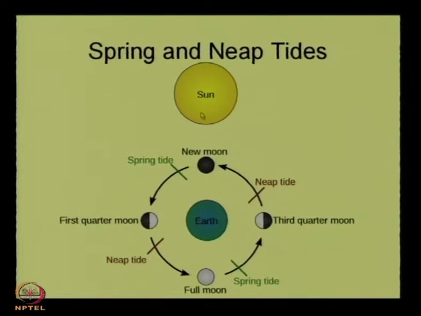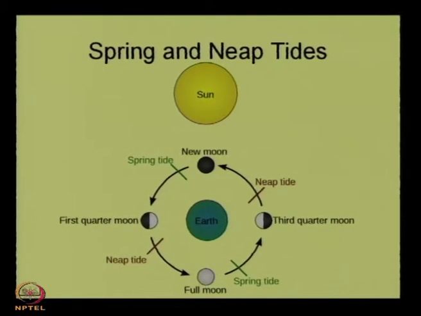So, when you have this syzygy, the tidal force of the sun reinforces the tidal force of the moon, and the tide level really is very high. You have what is called a spring tide.